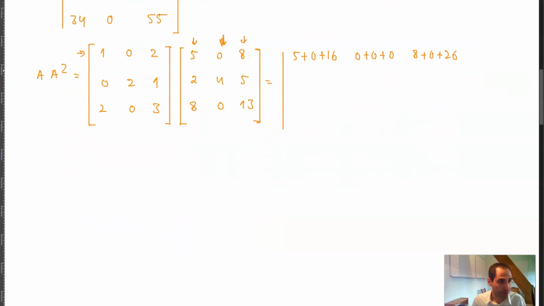Okay. So now this row, this column gives me 0, 4, and 8. And then over here you have 0, 8, and 0.